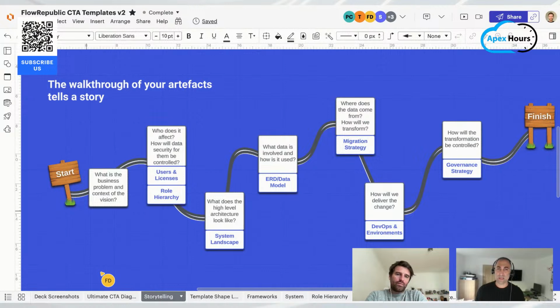Storytelling is a skill that's effective in describing the transformation journey that they're going through, but it shouldn't be at the cost of the detail. Visual articulations of the solution allow you to balance that narrative with the detail.